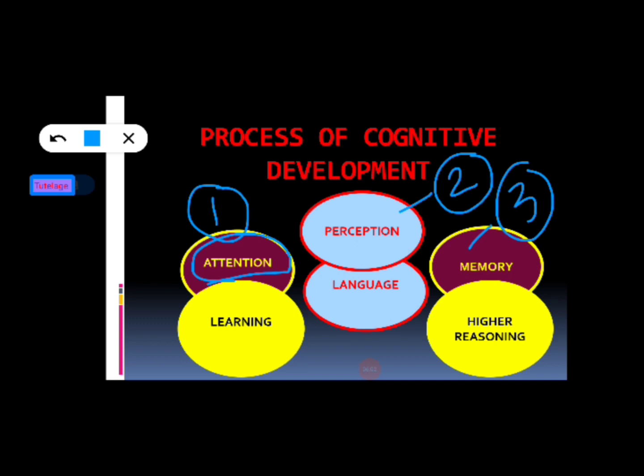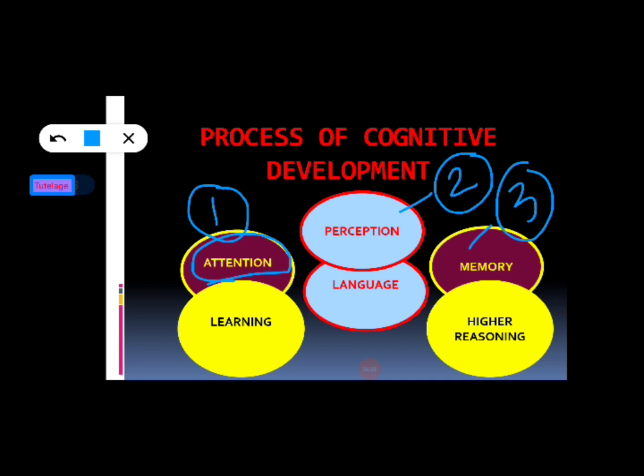So memory is the process of storing, finding and accessing all the information or knowledge captured from the environment. So the first stage is attention, the second stage is perception, and the third process of cognitive development is called memory.